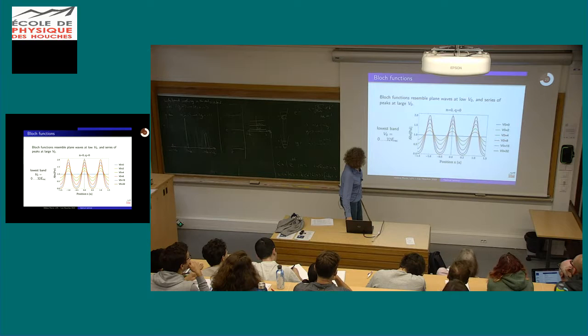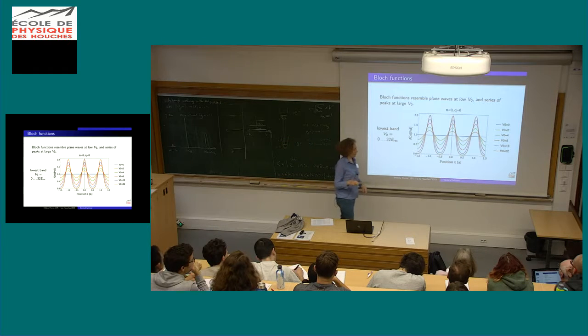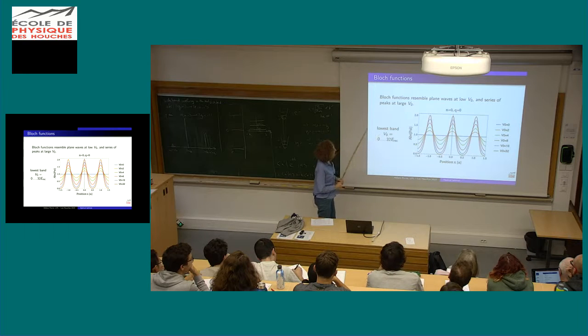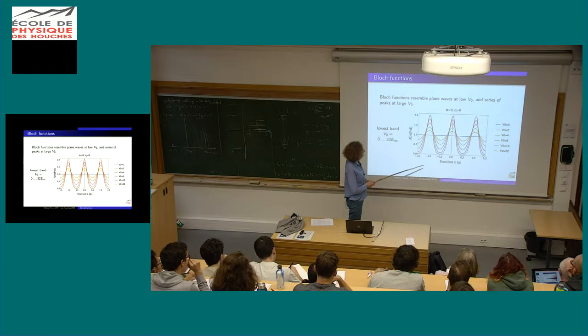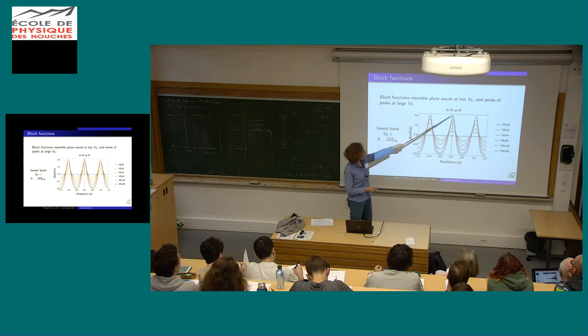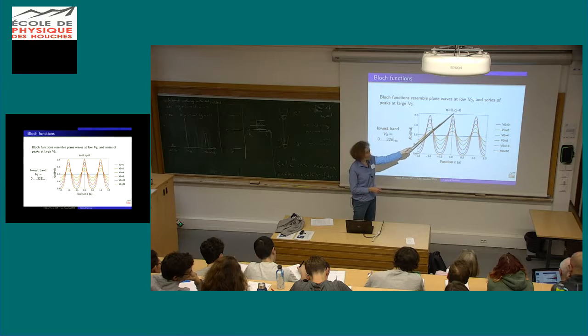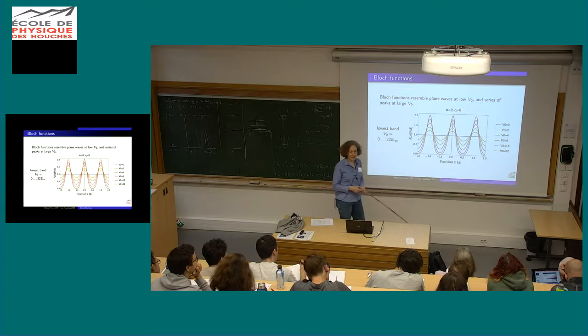I also wanted to show you what the Bloch functions look like. This is a plot of the modulus of the Bloch function. You can't see the phase yet here, I'm sorry. I have chosen to plot the modulus of the Bloch function in the fundamental band, for the central point at q equals 0, for different lattice depths.